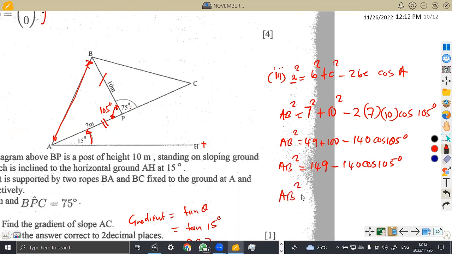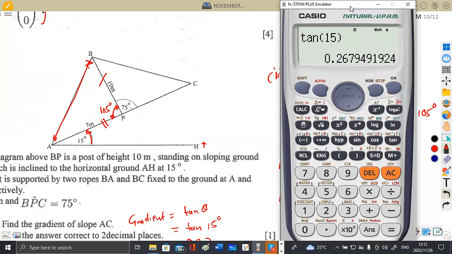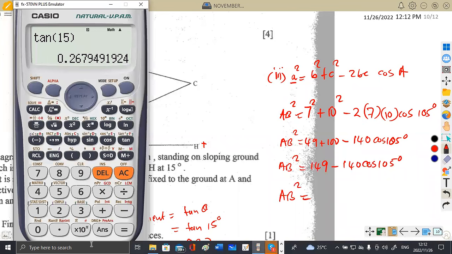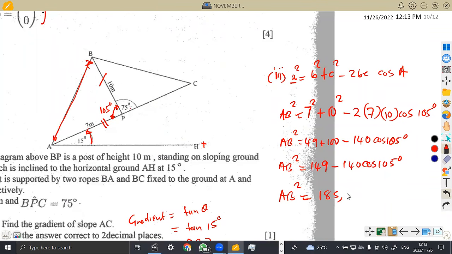We can simplify this from our calculator: 149 minus 140 cos 105 degrees is 185 point 2 3 4 6, and so on.